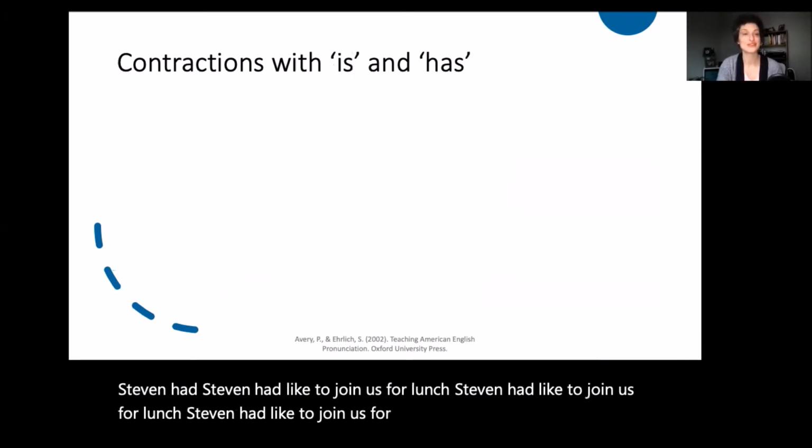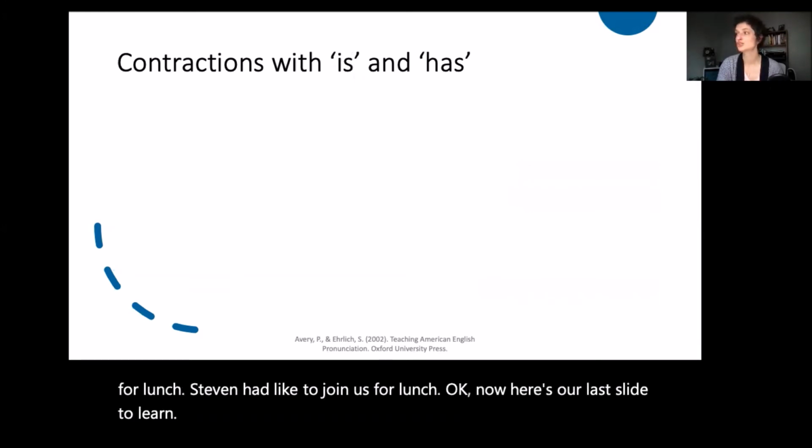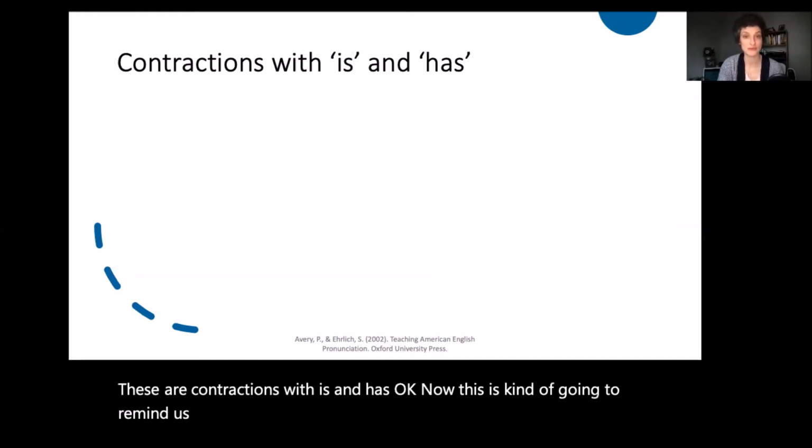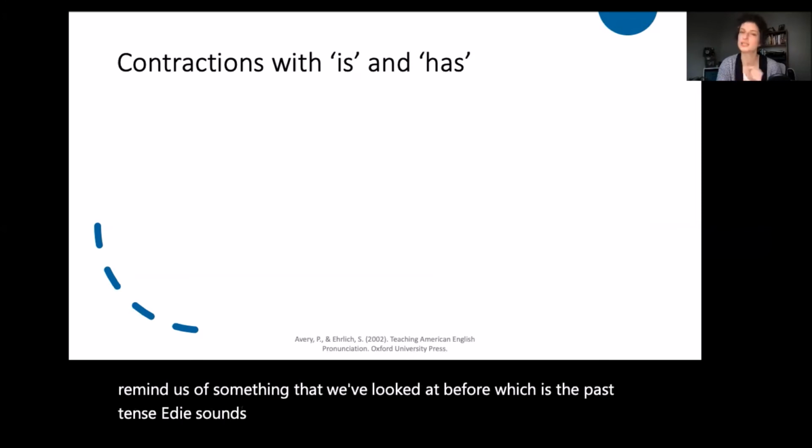Okay, now here's our last slide to learn. These are contractions with is and has. This is going to remind us of something we've looked at before, the past tense ed sounds. Remember our t, d, and ud?